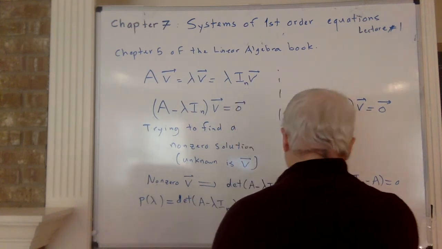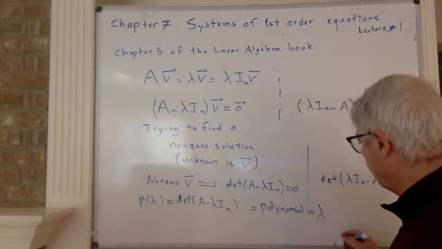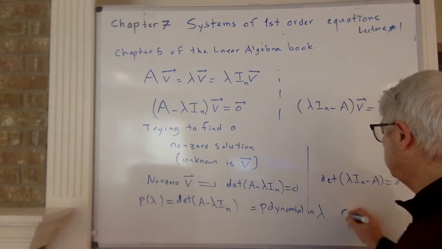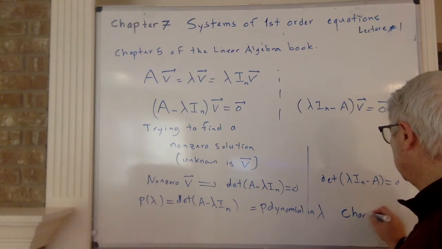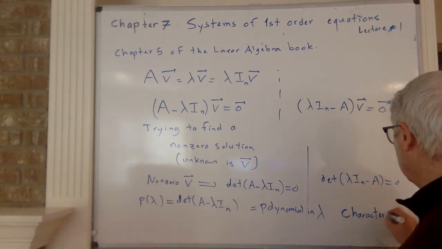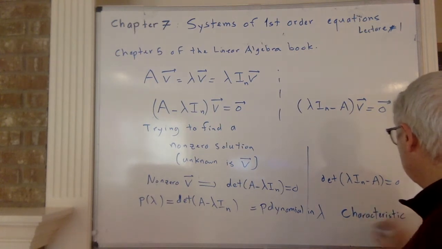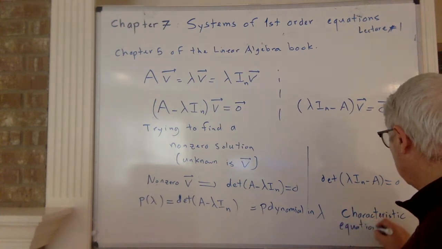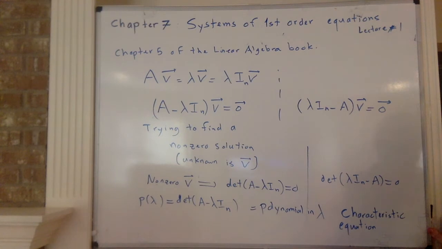The same as here, so this is minus this. And it's called the characteristic equation.